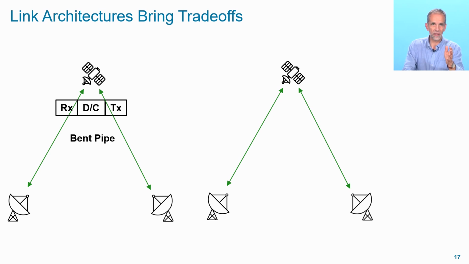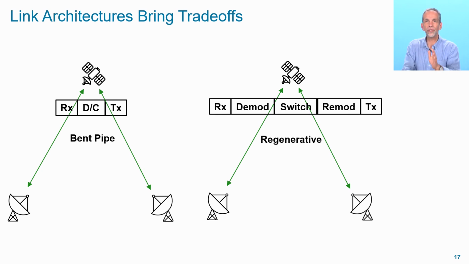The satellite receives it in analog, down converts it for the downlink transmission, and then pumps it back down to ground. On the right, you see a regenerative link, which actually uses an analog receiver, a demod to get back down to bits, perform any switching and rerouting of multiple users if desired, remodulate it to analog and include the down conversion, and then transmit back down to ground.